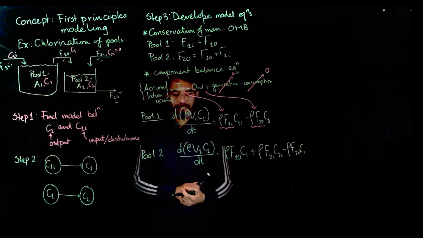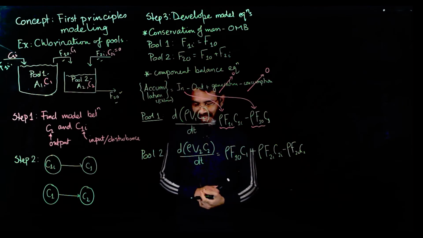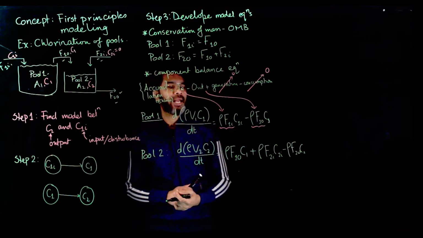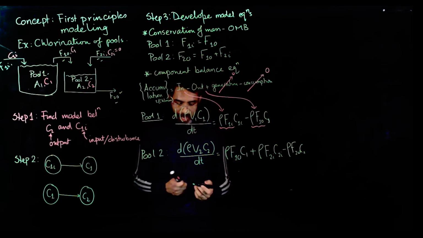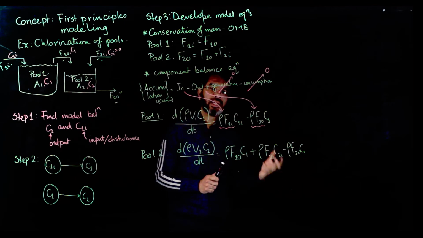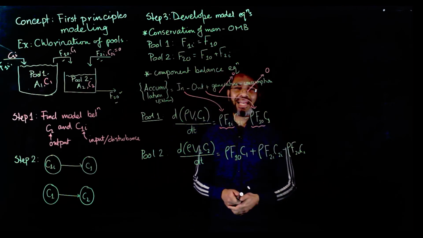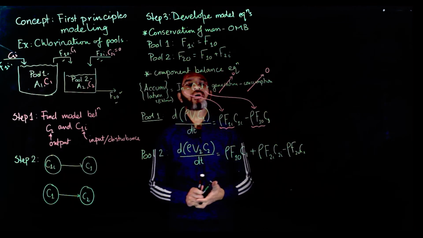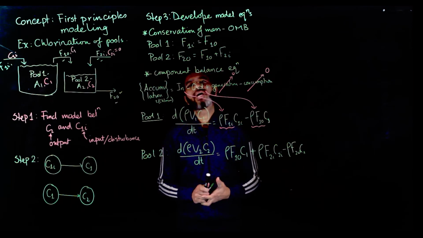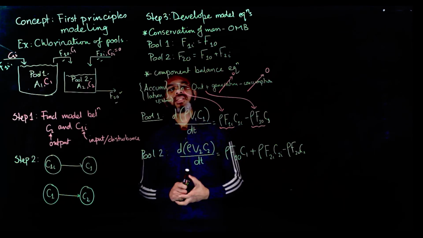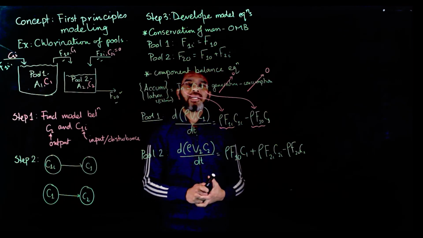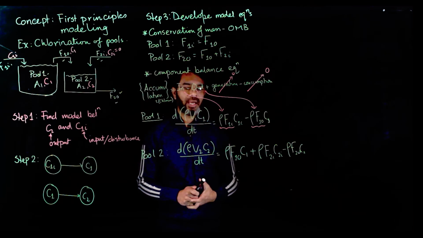Now see, we'll need some assumptions to finalize this equation. We are considering for this case that the chlorine concentration is very little, which is true for this type of pool problem. So we'll assume that the concentration of chlorine does not change the density of the liquid in the pool.